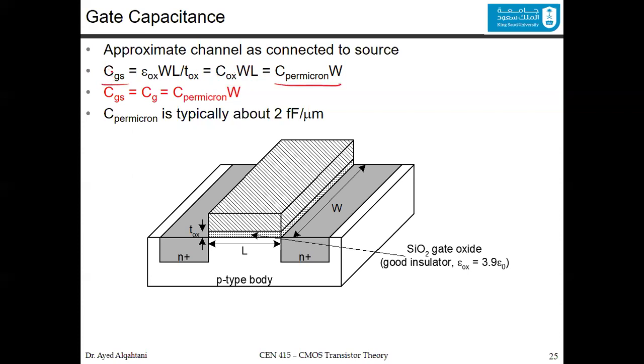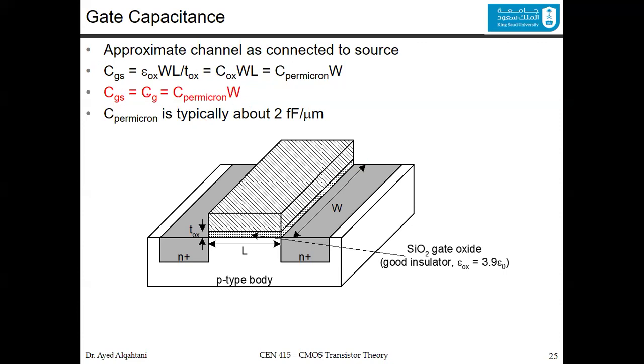Now, the capacitance at the gate, CGS, is equal to a constant per generation times the width of the transistor. So the width of the transistor tells you how much the capacitance is.